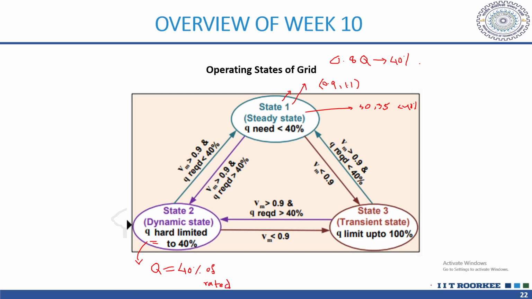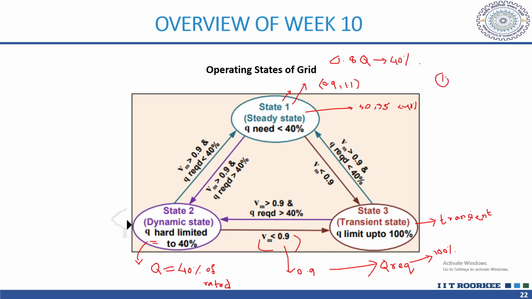And the third is the transient case. Whenever there are extreme deviations in voltage, that is, the voltage falls below 0.9, the system is in a high alert state or there is a high requirement of Q support. In these cases, we allow up to 100% utilization of the devices for regulating the voltage above 0.9. So these are the three states.